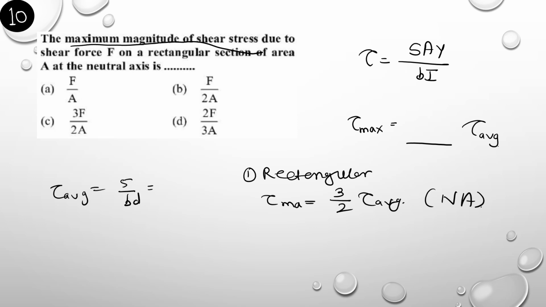S is nothing but the shear force, which here is represented by F. So take S as F, and BD is nothing but the area of the rectangular section, so take that area as capital A. So 3 by 2 into F by A is the maximum magnitude of shear stress acting upon this rectangular section about its neutral axis. So option C is correct, 3 by 2 into F by A.